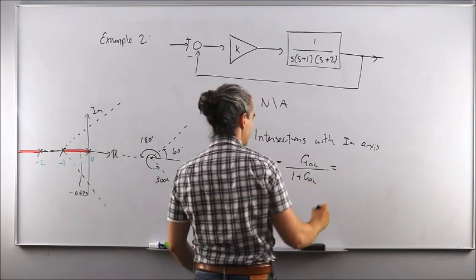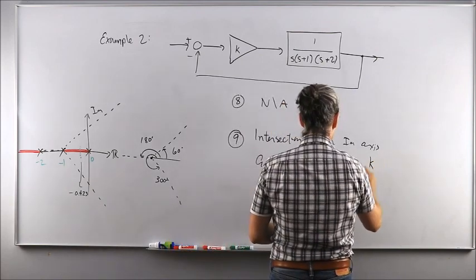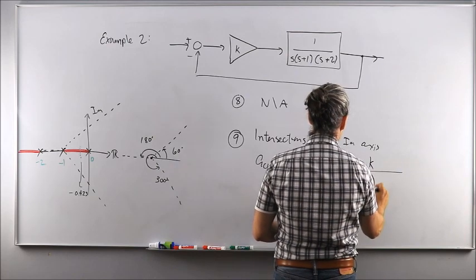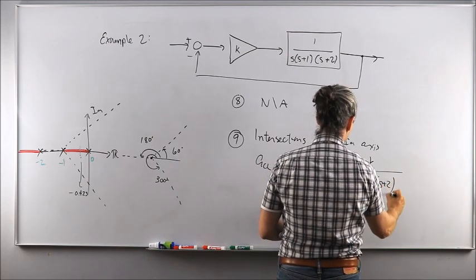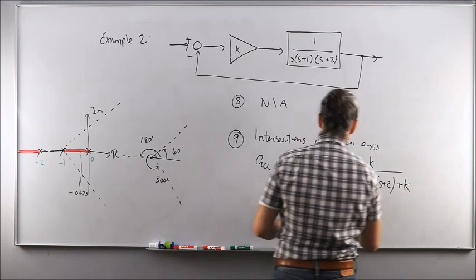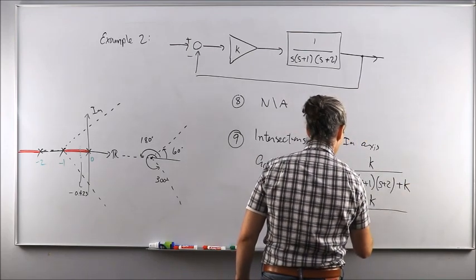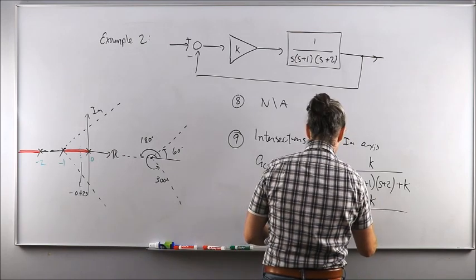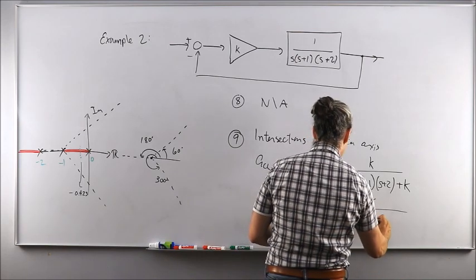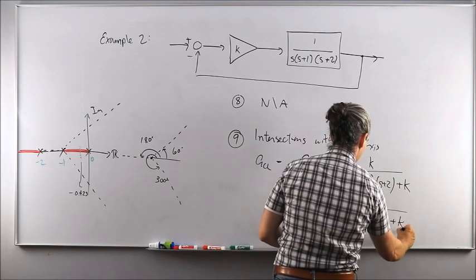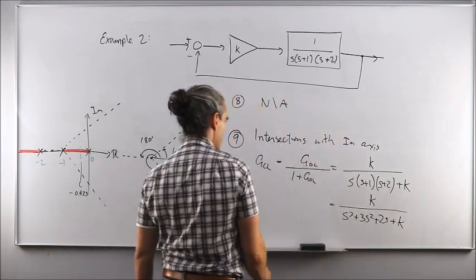And that would give you k over s times s plus 1 times s plus 2 plus k, or alternatively k over s cubed plus 3s squared plus 2s, as we had obtained previously, but plus the numerator.